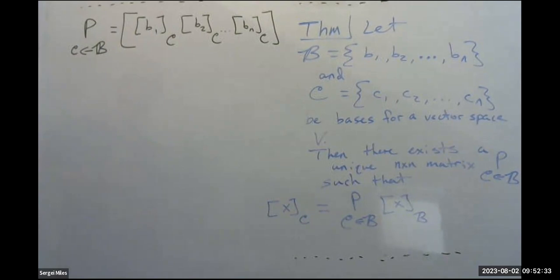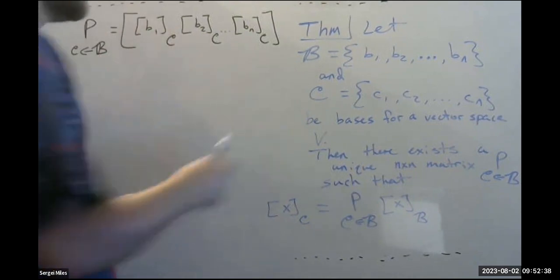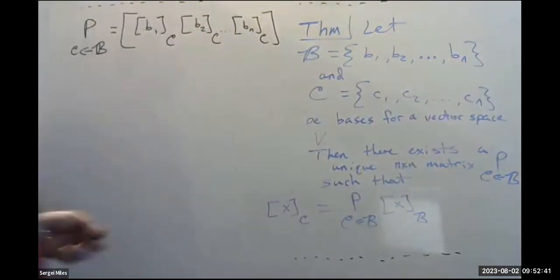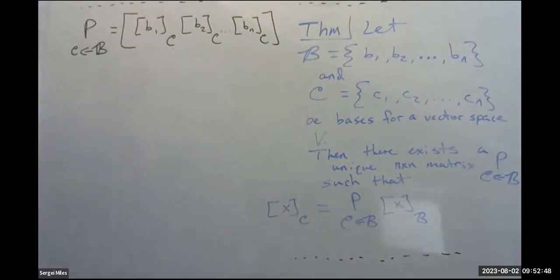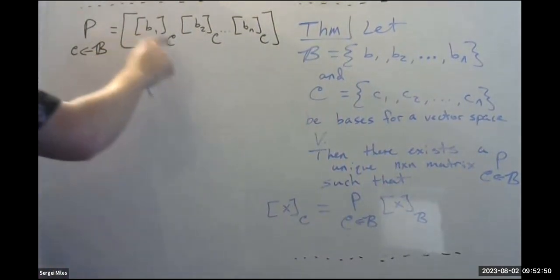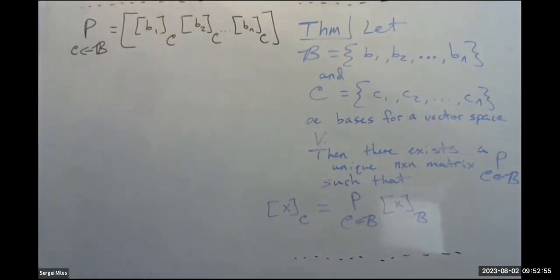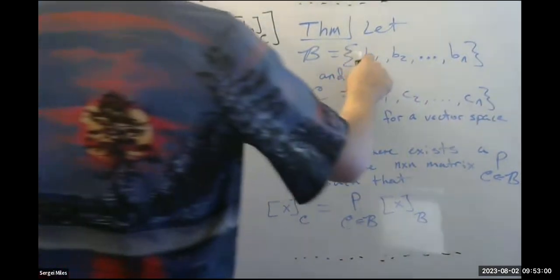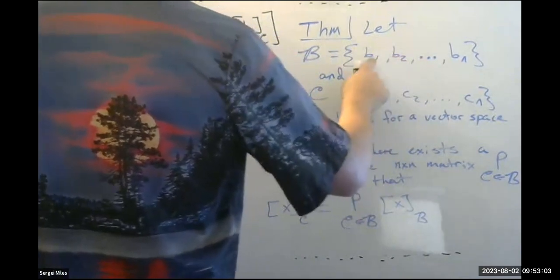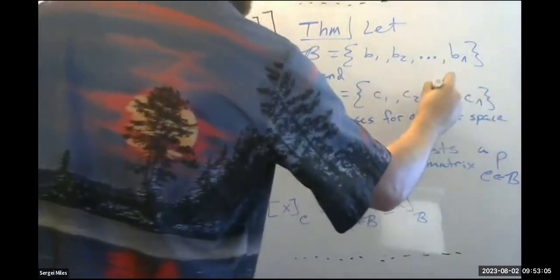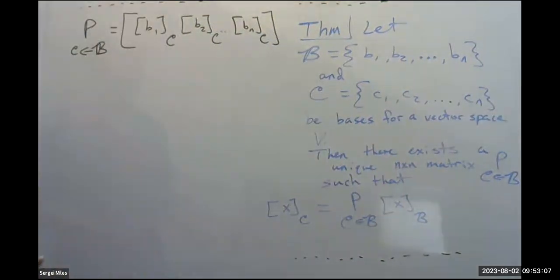Now, there are some nice things to note about this. First of all, by our definition for a basis, my B vectors are linearly independent, okay? My C vectors are also linearly independent. And the act of changing a vector into a new basis is a linear transformation. We did that yesterday. So what am I getting at? This transformation from B1 to C, B1 in turn, what combination of the C vectors?